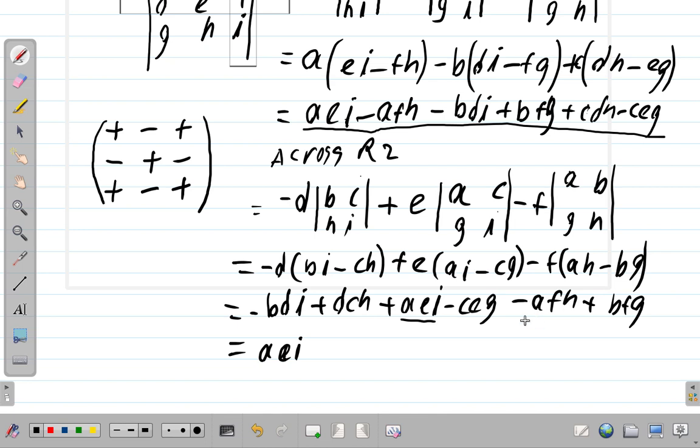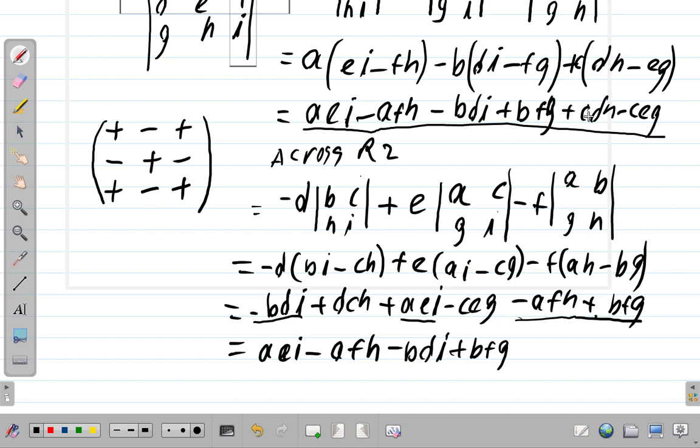Alright, minus AFH. There's a minus BDI. Is there a minus BDI? Yes, this. So we say minus BDI. There's a positive BFG up here. Is there one here? Oh, there's a positive BFG here. So plus BFG.